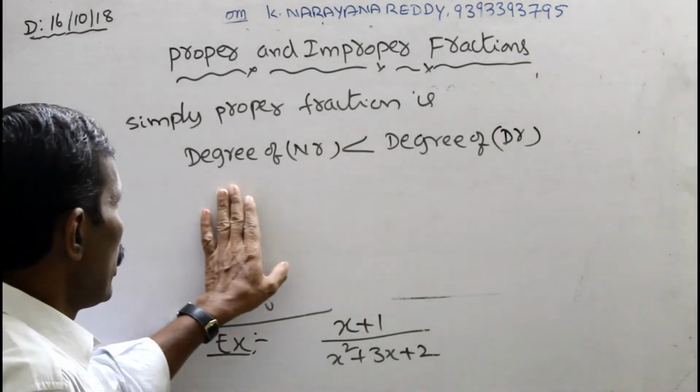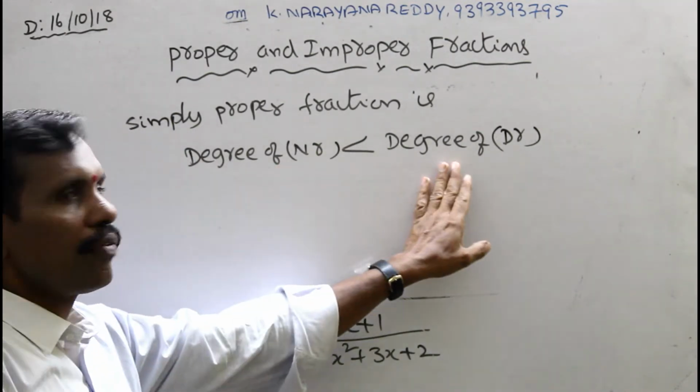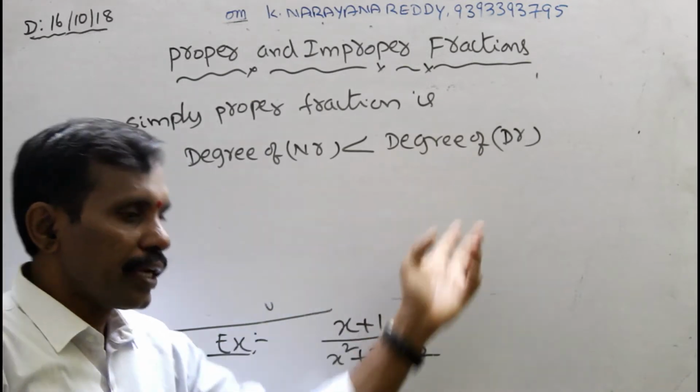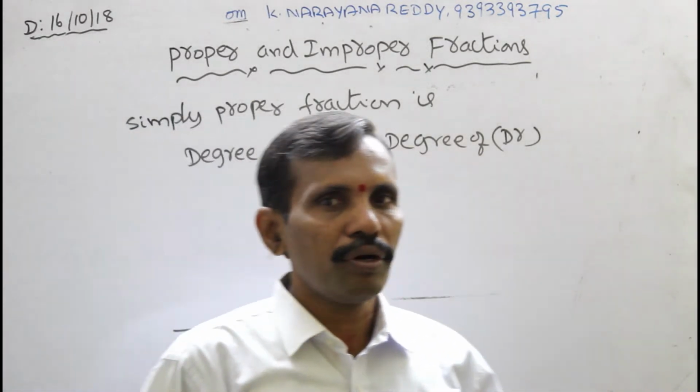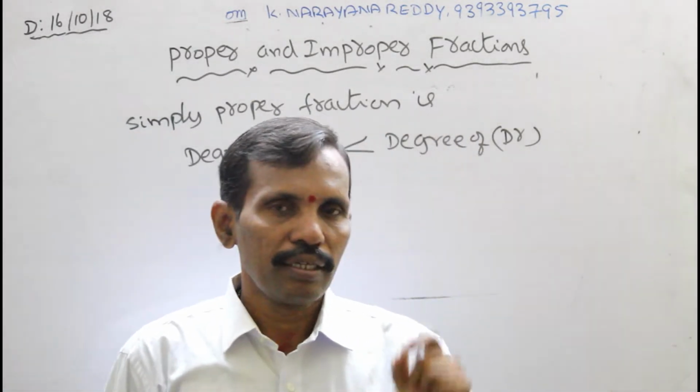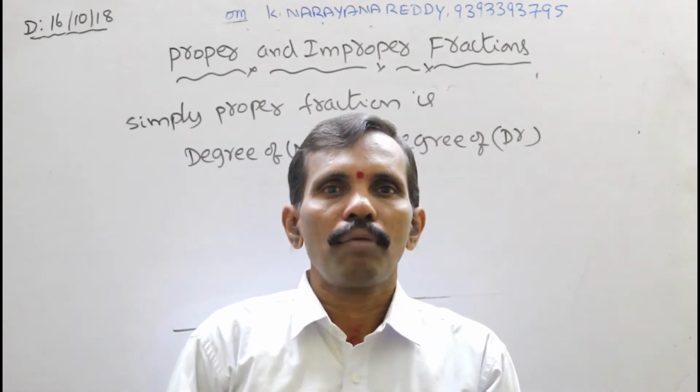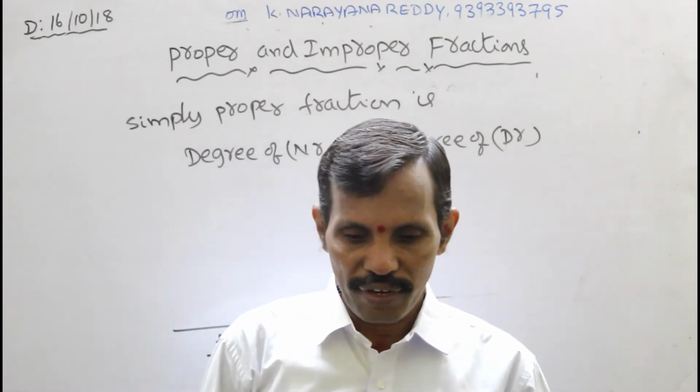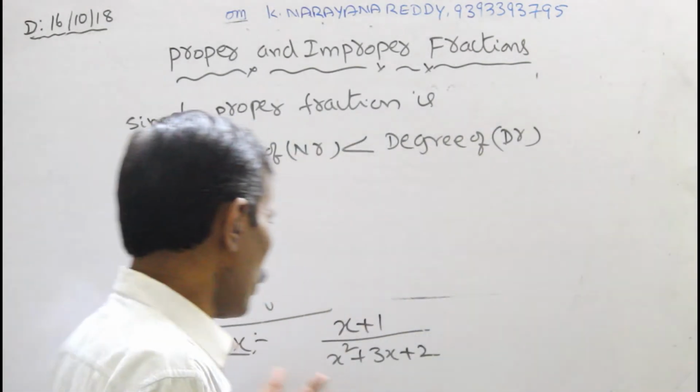That's all. That means the degree of the denominator is more compared to the degree of the numerator. This is called a proper fraction. Okay, dear friends, this is an example.